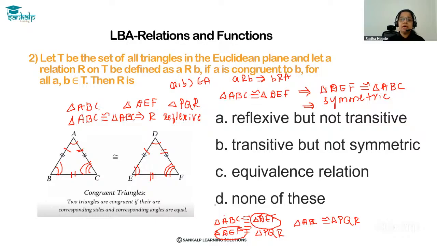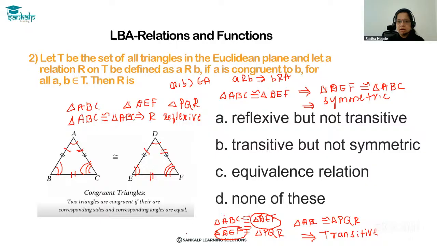So the relation R is reflexive, symmetric, and the last one, it is transitive also. If a relation is reflexive, symmetric, and transitive, we call that relation an equivalence relation.